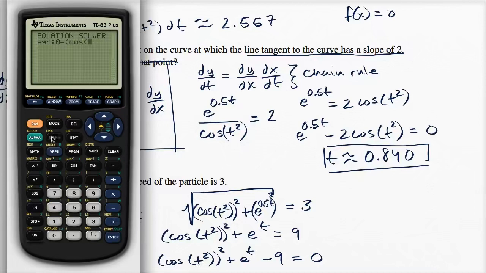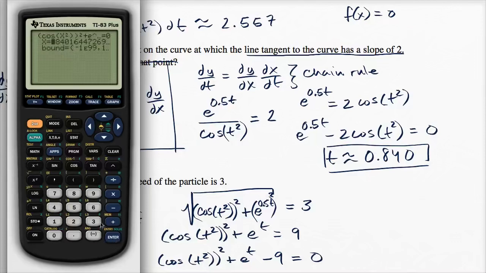Cosine of x squared, close that parentheses, and then I want to square the whole thing, plus e to the x minus 9 is equal to 0. I'm just replacing all the t's with x just for inputting into the calculator.